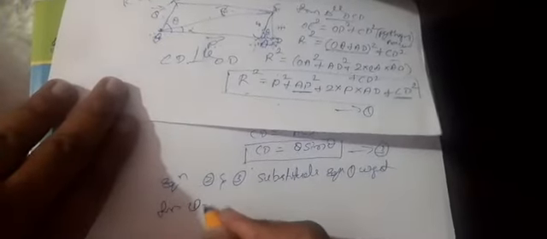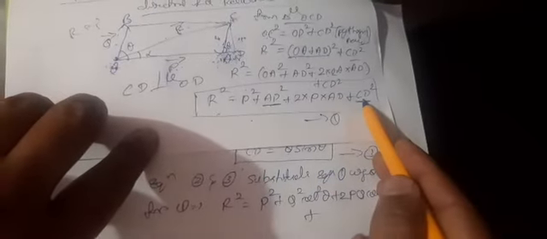What is equation number 1? R square is equal to P square as it is, plus the AD value, Q cos theta, squared, that is Q square cos square theta, plus 2 into P as it is and the AD value Q cos theta, plus the CD value squared.